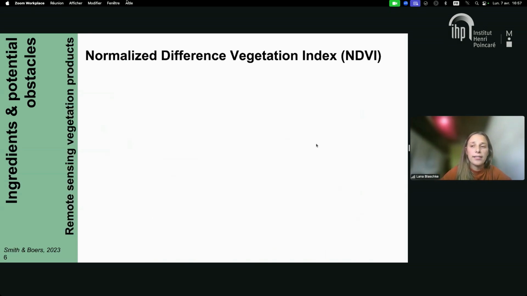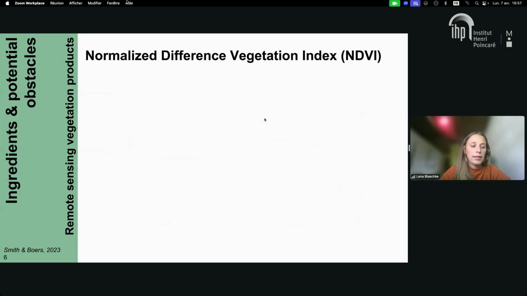And talking about data, that's always the second thing that we use for our resilience studies. As I said, in our case, it's remote sensing vegetation products. And probably the most well-known or most used one is the normalized difference vegetation index, short NDVI.